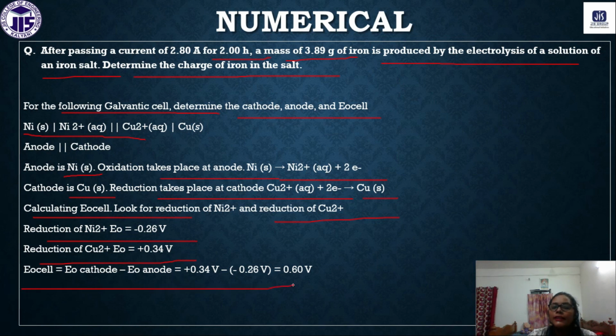So E0 cell equals E0 cathode minus E0 anode, and that equals 0.60 volt. By this equation you can get the E0 of the cell. So this is another type of question that you can have from this chapter. These are some of the questions that frequently come, and they are very scoring if you know how to solve the problems from this chapter.